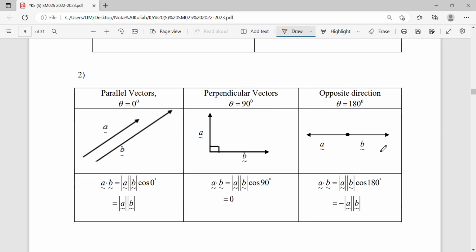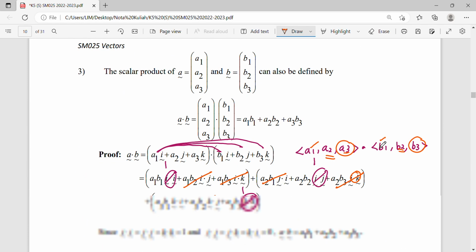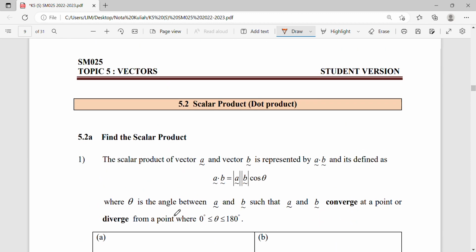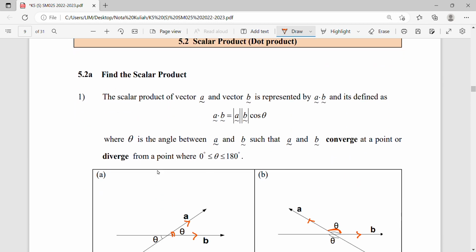So when we look at i and i, we apply it here. i is on the x unit, horizontally. Another i is also horizontal. So what angle is built? What angle can be obtained between i and i? 0, right?